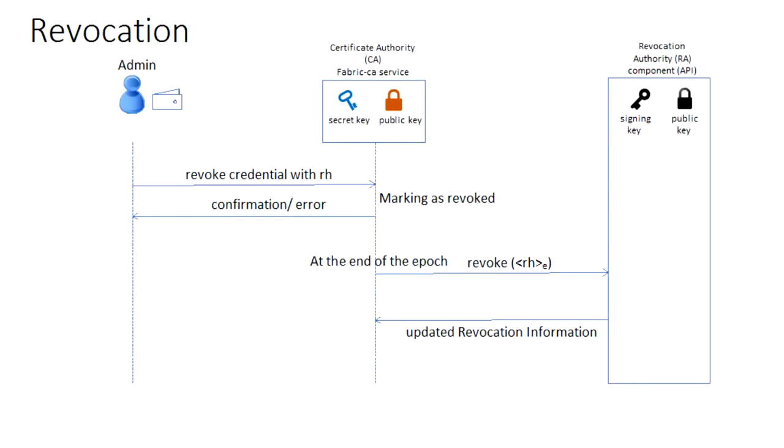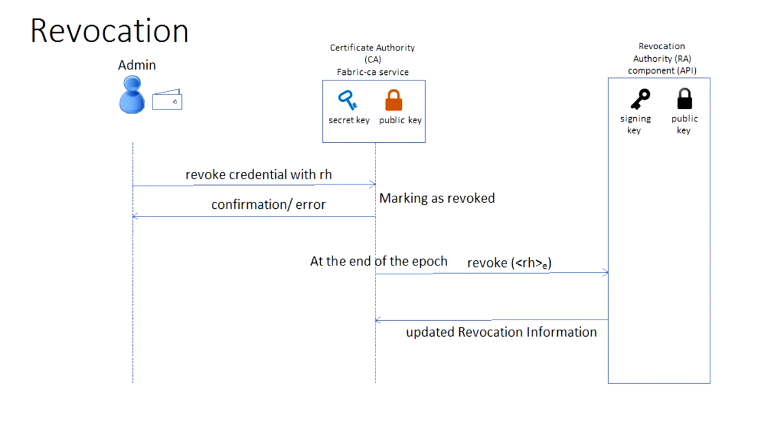Just to add a little bit, we might not update the CRL every time that someone is revoked. To make things more efficient, we can collect these revocation handles within the epoch, which is configurable, and then update the CRL just at the end of the epoch and publish the new version of the CRL, for example, once a day.